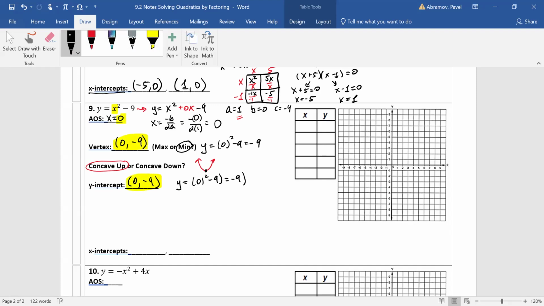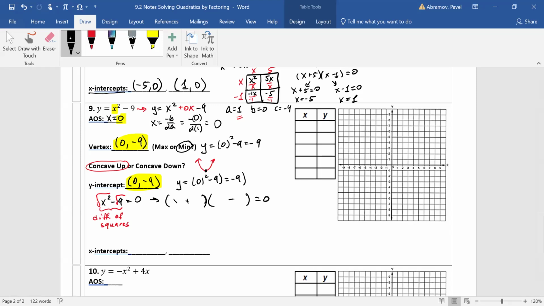Now, to find the x-intercepts, we once again set the equation equal to 0. So x squared minus 9 equals 0. From here, we need to factor this, but we might notice that 9 is a perfect square, and we have the minus between them. So this is a difference of squares. That means we can take the square root of both of these terms and factor this with a plus and a minus.